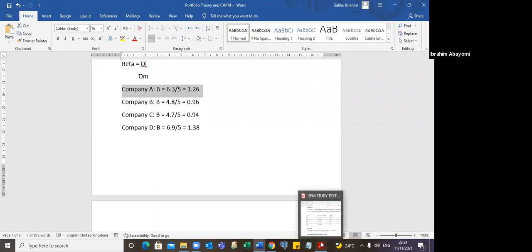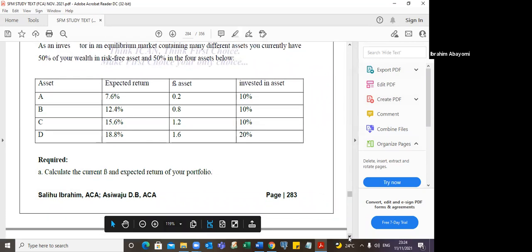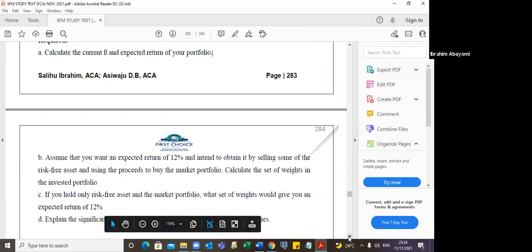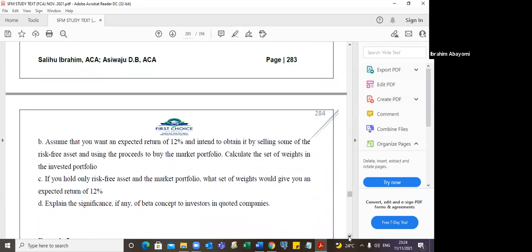Probably, let me see. That's going to be the last question we're going to solve in portfolio theory. Let me see whether we have another question that I can pose to you. We even have more than this.